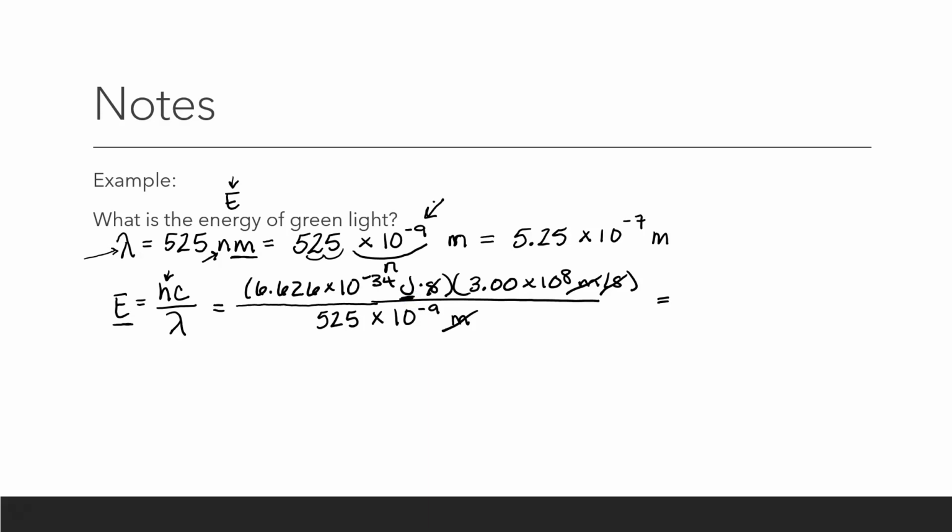Doing the math, you would plug in 6.626 and then find the E button. It usually looks like this, or if you have a graphing Texas Instrument calculator, you'll see a comma and the EE will be in blue. You'll have to hit the second button and then that comma. So anytime we have an exponent, that E means times 10 to the whatever power.